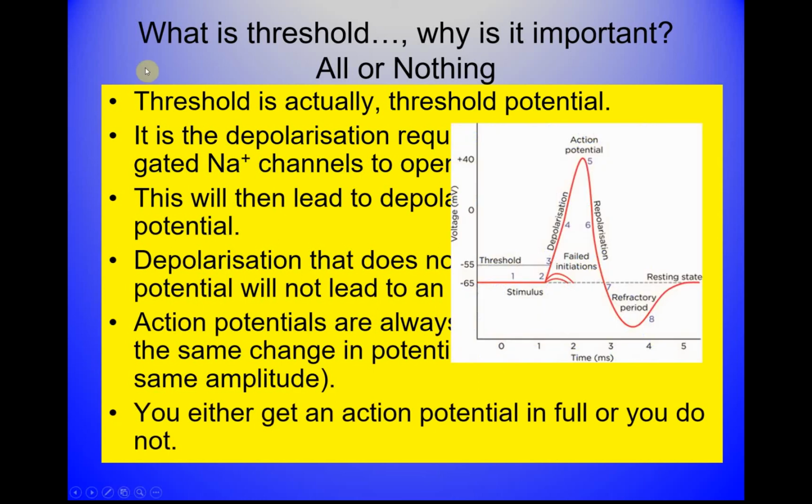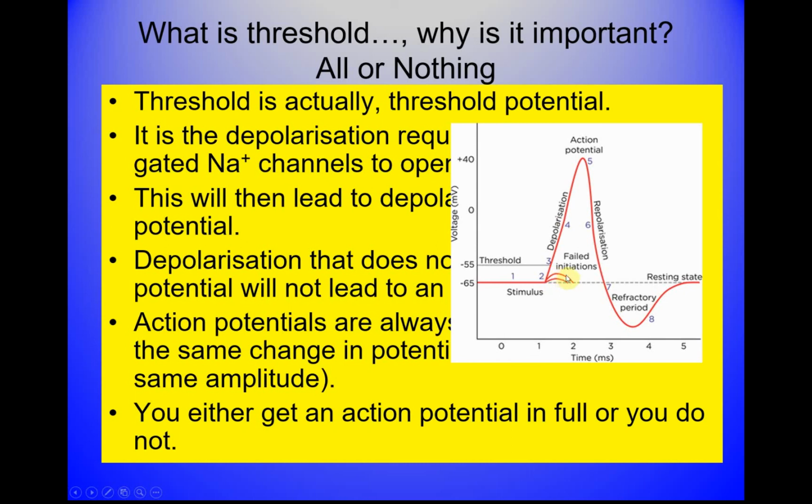Okay, so we look at this graph here. It's very similar. There's our threshold potential. So here we've got a number of overlays here. So we had a little depolarization for some reason, but it didn't reach threshold, so we didn't get action potential. And in fact, what would happen here is the sodium potassium pump will just restore that depolarization back to resting potential.